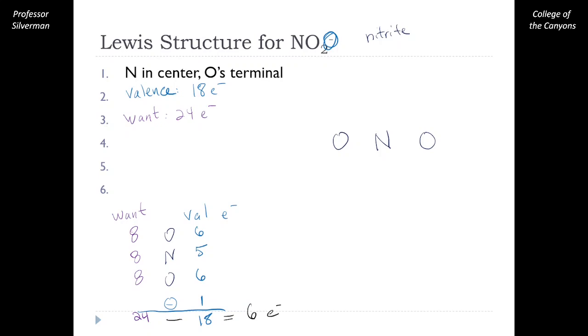We can do that subtraction. 24 minus 18 gives us 6 electrons that are in bonds. We started with 18 electrons, 6 of them are in bonds. The other 12 electrons have to be in lone pairs.